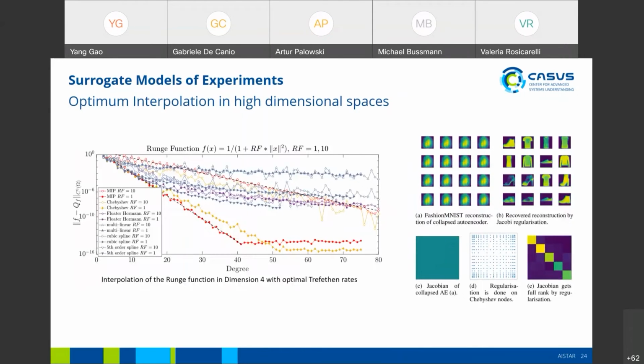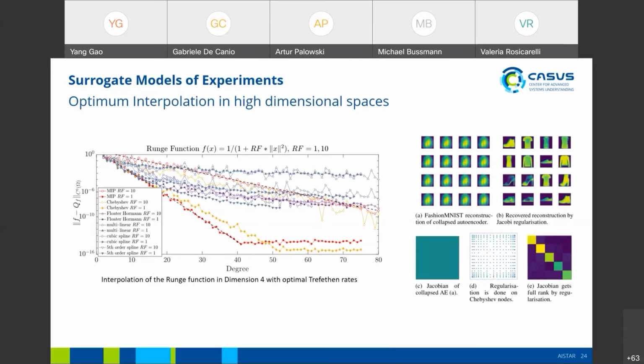On the other hand, we're developing new algorithms. Here's one example of really interpolating this much better using fast or provenly fast schemes for high dimensional interpolation.